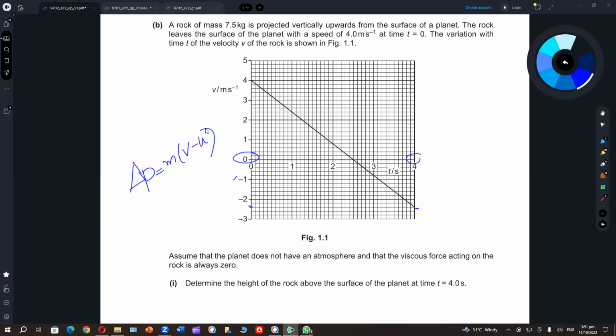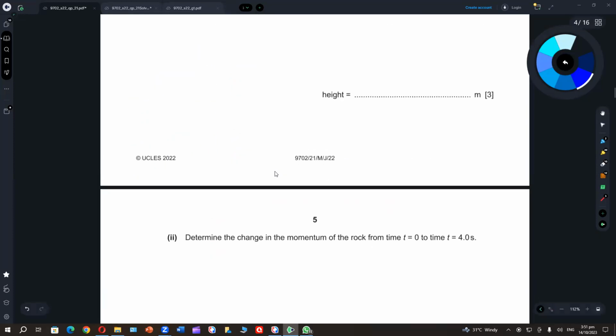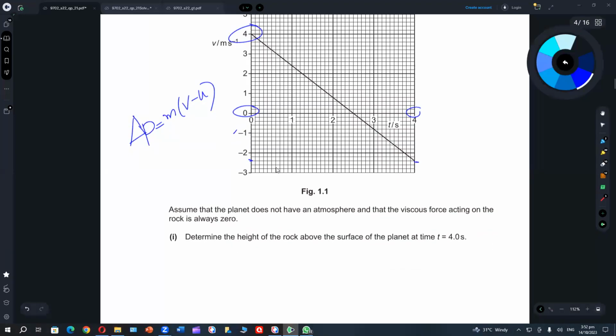So you have to solve it now. At 0, the velocity is here. No, he says 0 till 4, right? So at 0, velocity is coming to be 4. And at 4 seconds, velocity is coming, is it minus 2.4?